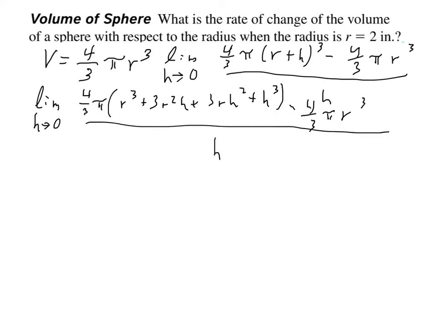So I'm going to actually factor out this 4/3 pi, just so we can have it on the outside to be able to ignore it until the end here. Okay, then I can just work on the inside here. So I've got this canceling with this.